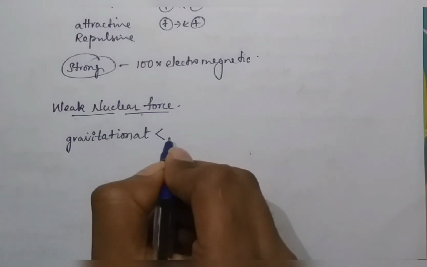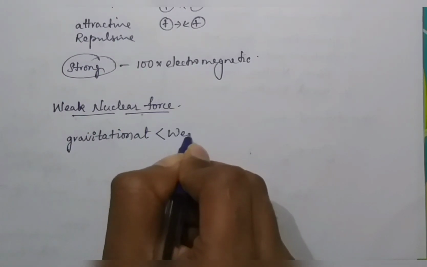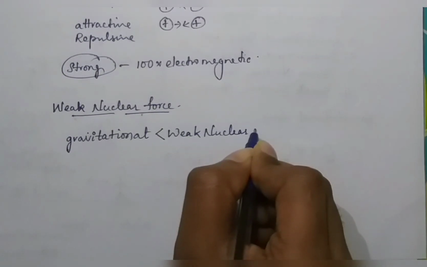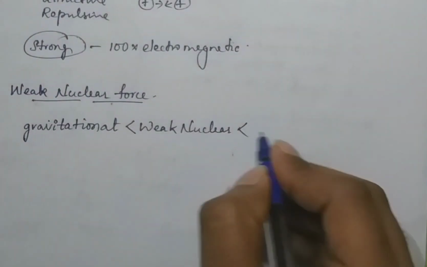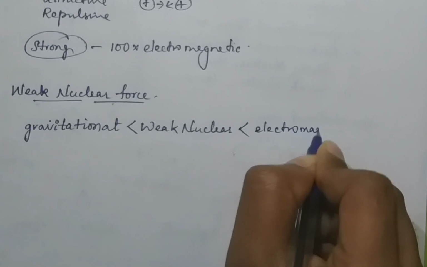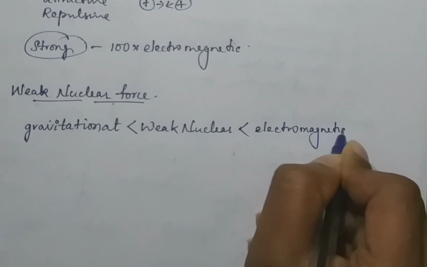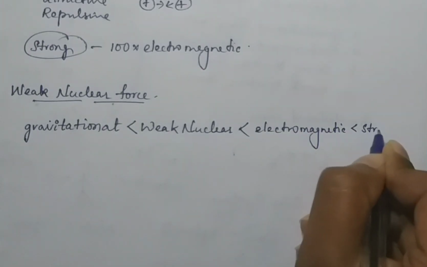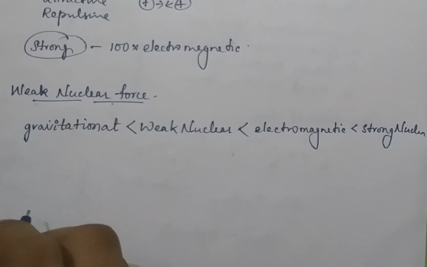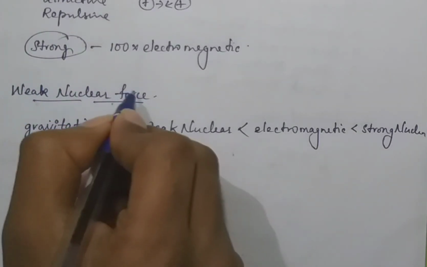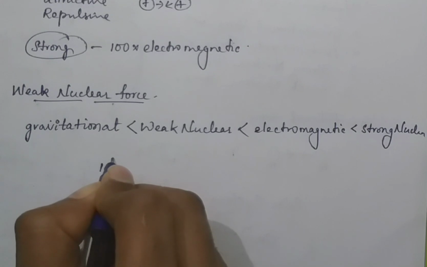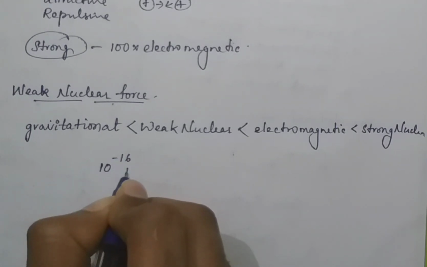After the gravitational force comes the weak nuclear force, and then electromagnetic, and then strong nuclear force. This weak nuclear force has a range of 10 raised to minus 16 meters.